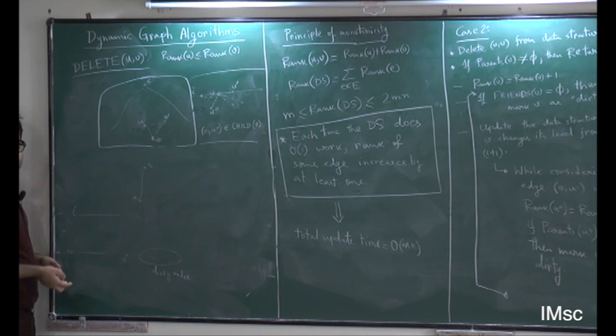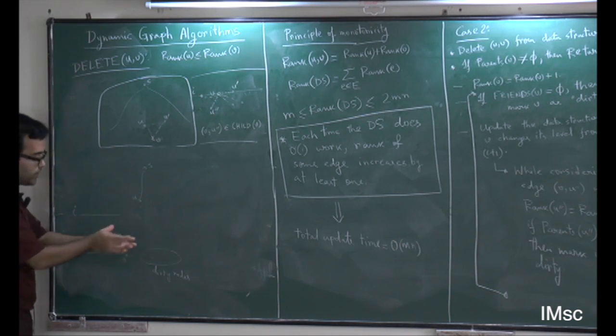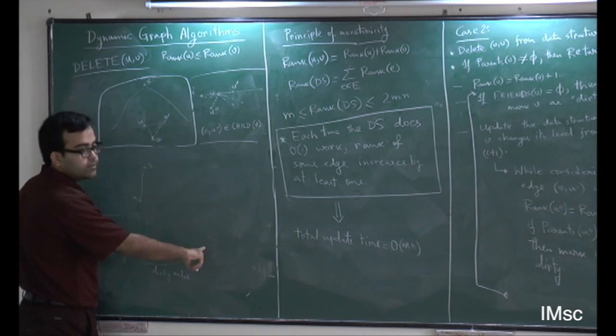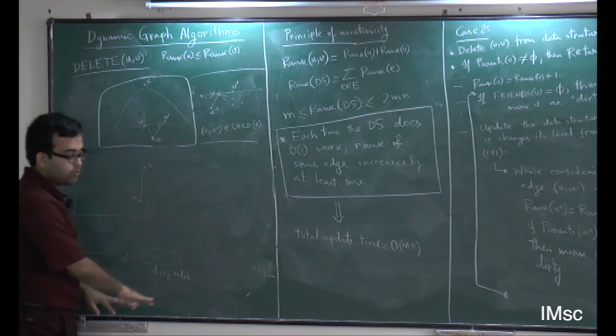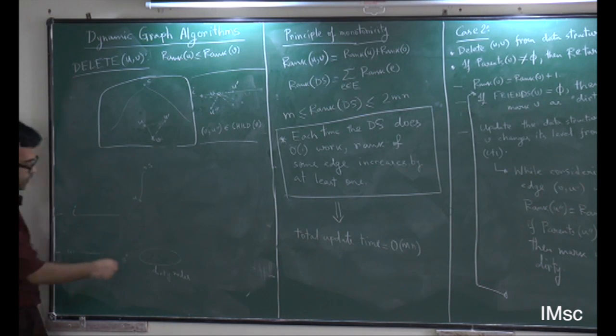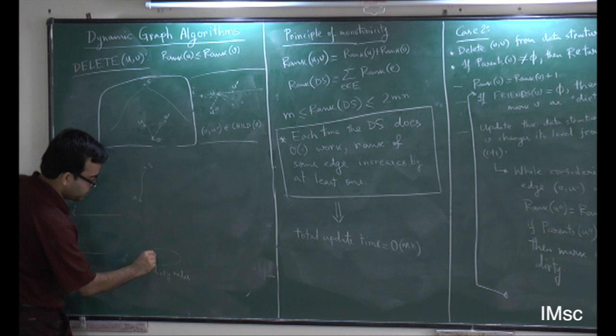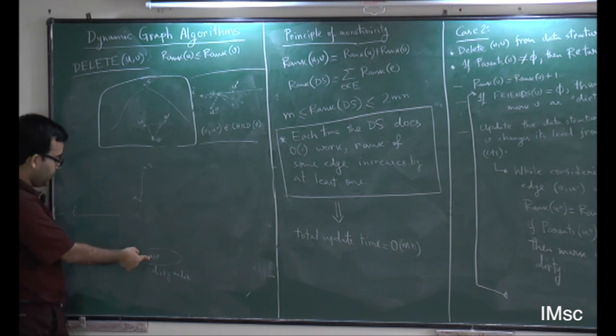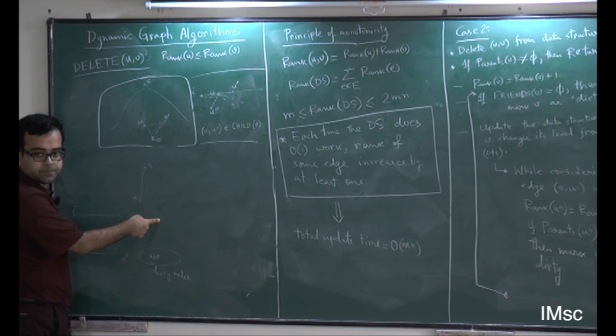It will create some more dirty nodes in level I plus 2. But the crucial thing is you will first process all the dirty nodes in level I plus 1 before going to I plus 2, as if you are just cleaning the levels one after the other. So, when you take up a node say W from here, this guy is dirty. What does it mean? It means that it does not have any parent.